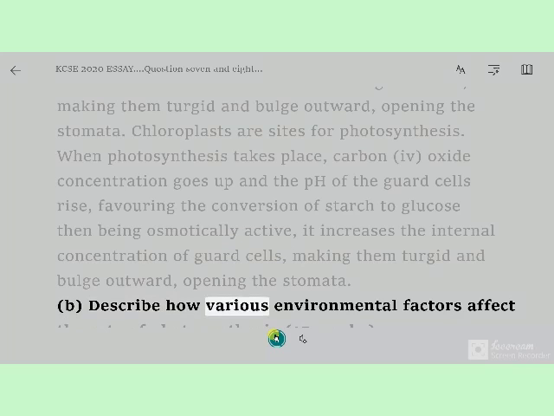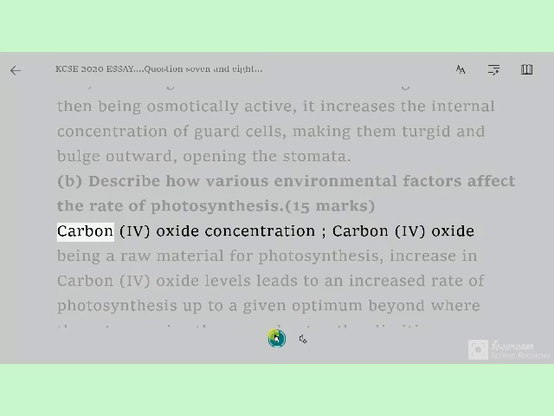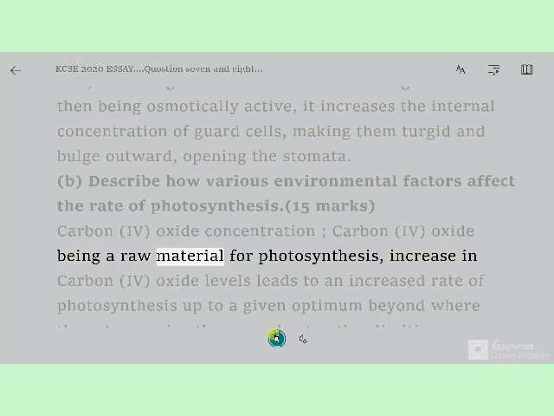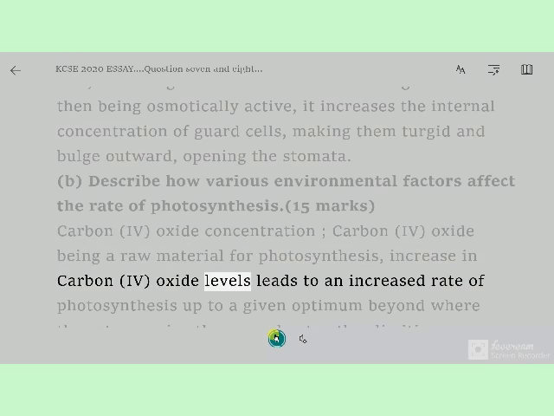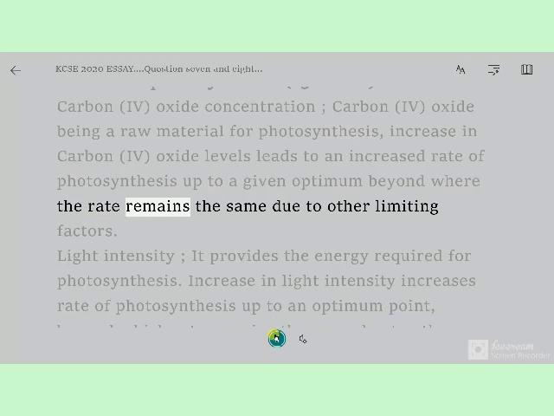B. Describe how various environmental factors affect the rate of photosynthesis, 15 marks. Carbon dioxide concentration. Carbon dioxide being a raw material for photosynthesis, an increase in carbon dioxide levels leads to an increased rate of photosynthesis up to a given optimum, beyond which the rate remains the same due to other limiting factors.